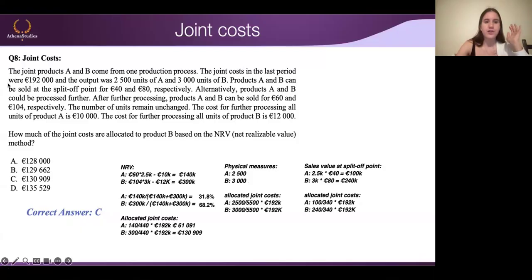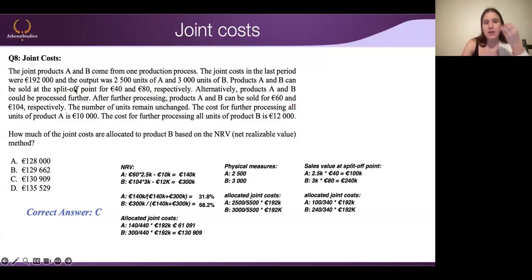Again, the physical goods method, you know this. We just take the percentage of the amount of goods that we produce. You just look at the units. For the sales value at split off, the difference is in the cost, so pay attention to the different steps in the process. Here it says that the price straight after the split off is 40 and 80 respectively, and it's stated first in the paragraph before the cost of the finished product, but sometimes they mix all the information up, so it's quite difficult to tell.